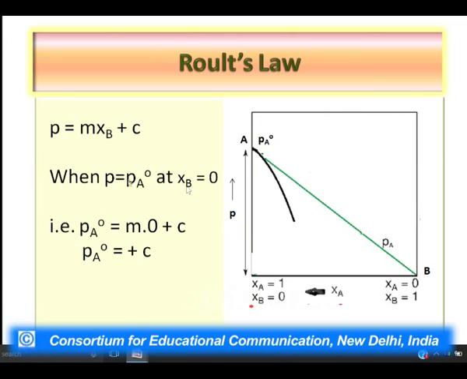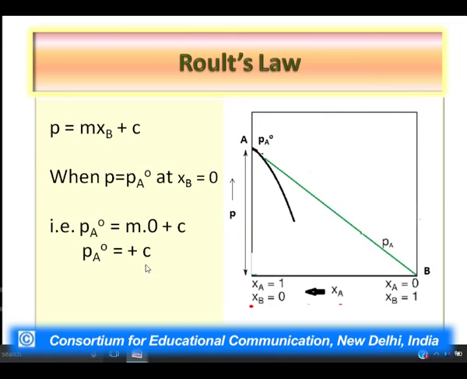Then the vapor pressure of the system would be equal to the vapor pressure of pure component A. So, P in that situation would be equal to Pa naught and xb equal to 0. With these 2 points we can substitute in the equation P equal to m xb plus C. So, P is equal to Pa naught and xb equal to 0, so we have C equal to Pa naught. By looking at this one extreme situation, we have been able to evaluate the value of this constant C.